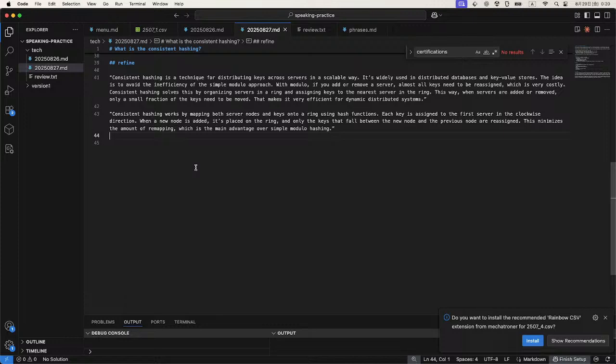A key value store is one of the non-relational databases. As its name says, it uses a key and a value.